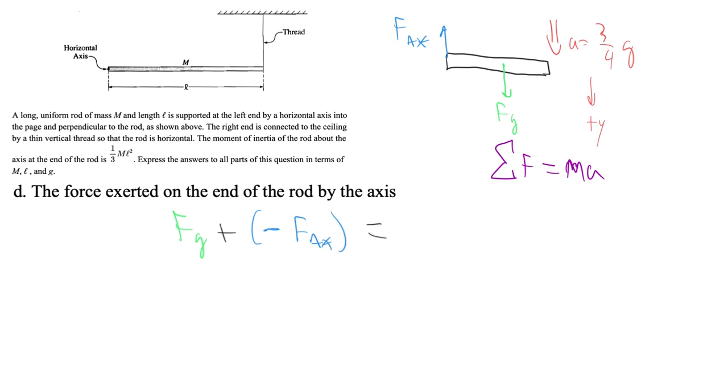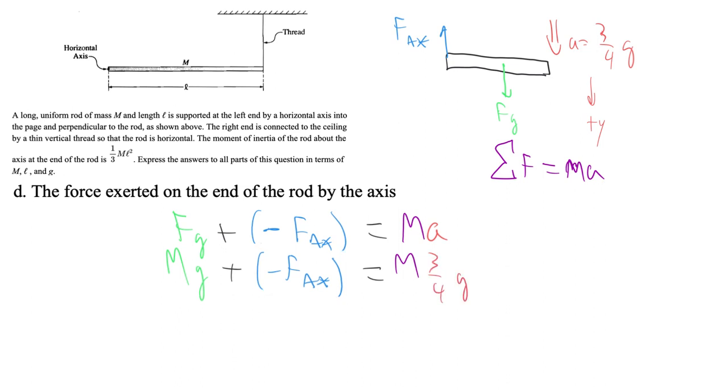And together those should equal the mass of the system times the acceleration of its center of mass. And then we can just start substituting in. So we have mg minus Fa x star, which is what we're looking for, equals m times 3/4 g.